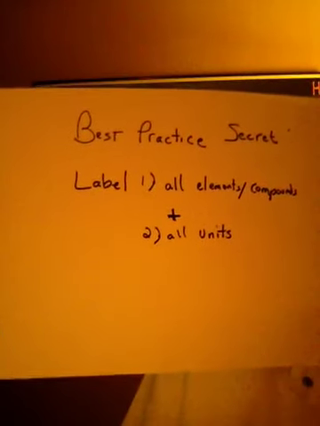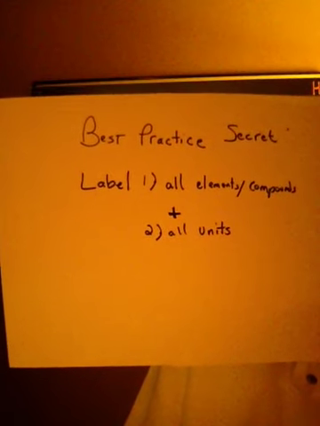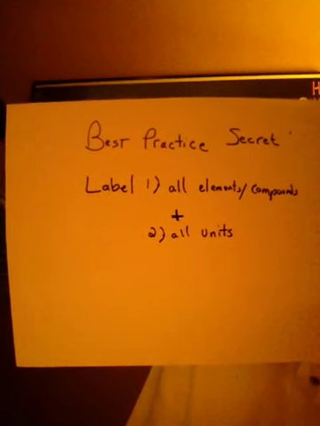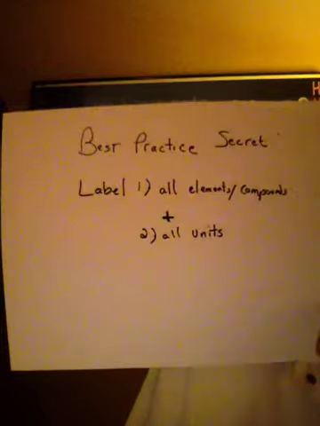First of all, I want to say, don't be discouraged. Your point of confusion can lead you to a place of mastery as long as you're seeking to understand what took place. So the very first step that I'd like you to consider is what I call my best practice secret: label all elements and compounds and label all the units.